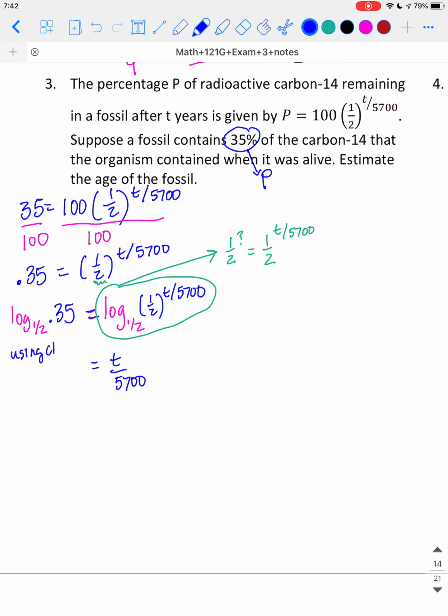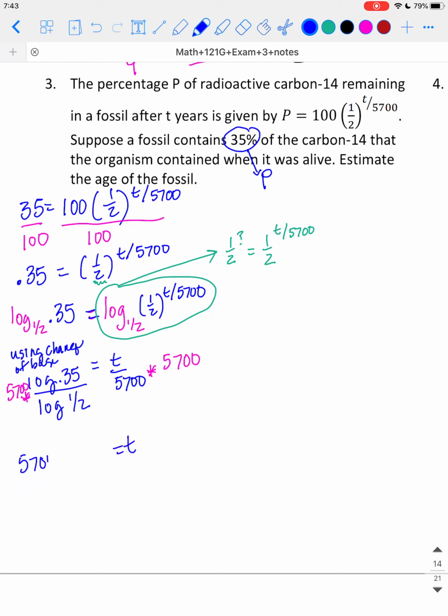And on the left hand side, using the change of base, I get log of 0.35 divided by the log of a half. And how do I get rid of dividing by 5,700 to get the T by itself? I'm going to multiply both sides by 5,700.